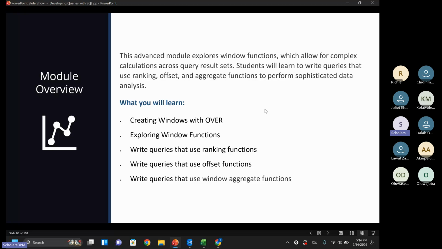Students will learn to write queries that use ranking, offset, and aggregate functions to perform sophisticated data analysis. So we'll be creating views, exploring Windows functions, and doing queries with ranks and some Windows aggregate functions, which we've already done in the past.